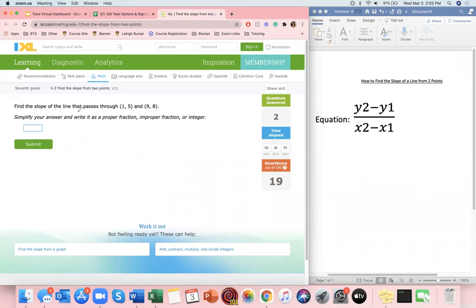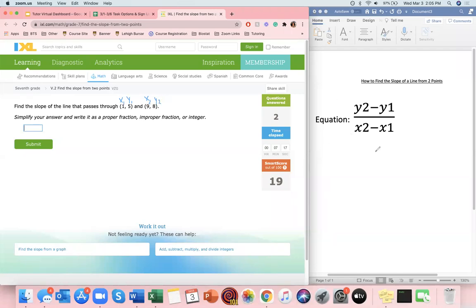Find the slope of the line that passes through 1, 5 and 9, 8. So x1 would be 1, y1 would be 5, x2 would be 9, and y2 would be 8.